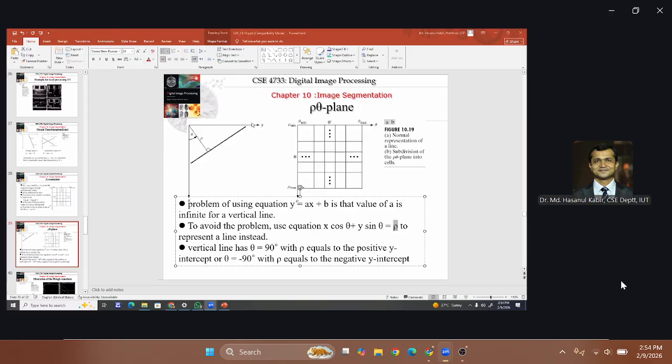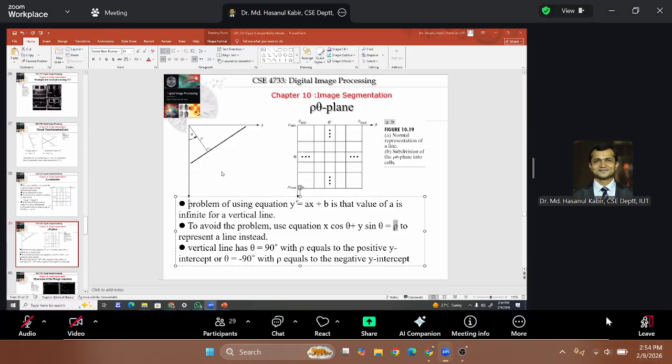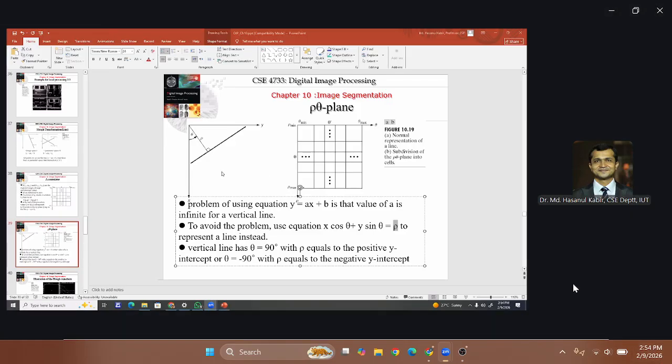So in your image, if you have a line, what is the maximum distance that is possible in the image space? Rho means the distance from the origin to the line. So how much distance is possible within the image?